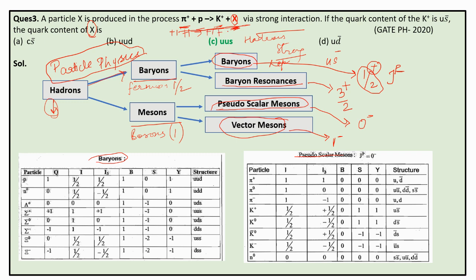So this X particle should also have charge plus 1. The charge should be conserved on both sides. We will look into these quantities one by one and try to match them. If the left hand side equals this number, then the right hand side should also match the same number. By conserving these quantities, we will figure out which particle this is.